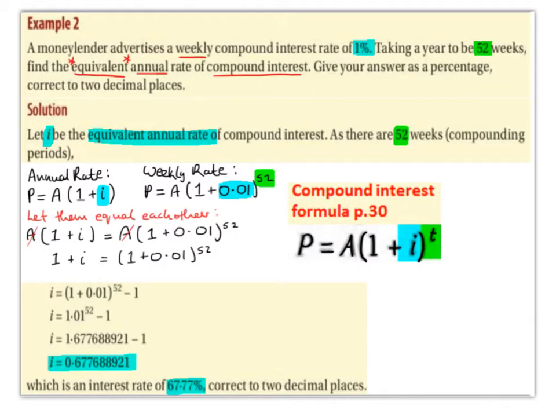So the annual rate is going to be P equals A times 1 plus I. Because remember, we're looking for the annual rate of interest. The weekly rate is going to be P equals A times 1 plus 0.01 to the power of 52. So we've swapped the I for 0.01, which is 1%, and the T for 52. There's 52 weeks in the year.